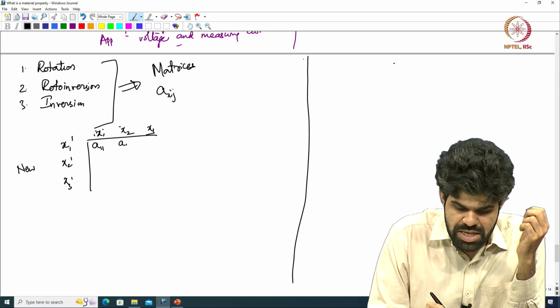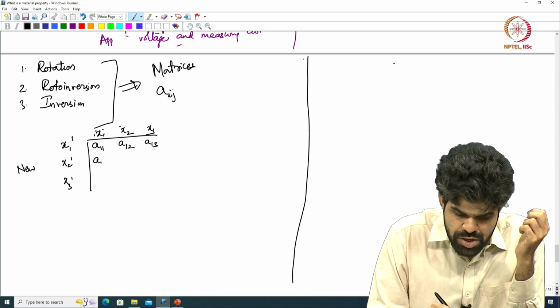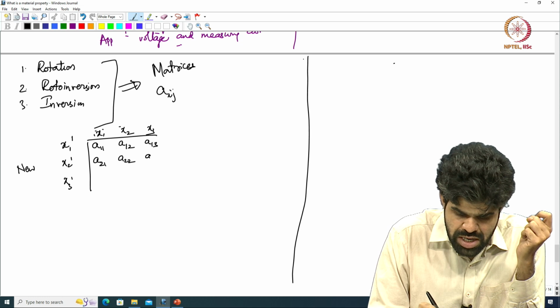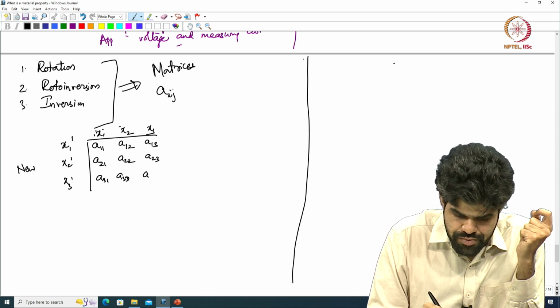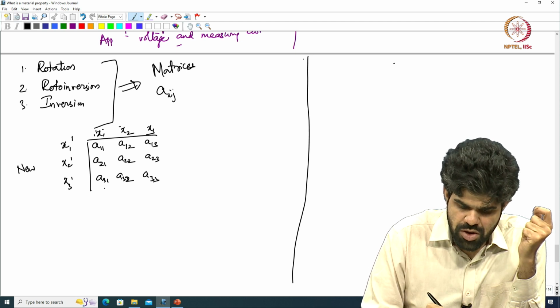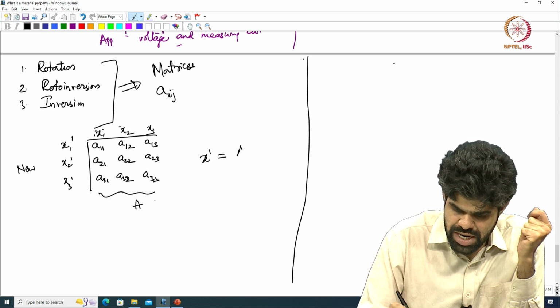This matrix is A11, A12, A13, A21, A22, A23 and A31, A32, A33. If I call this matrix A, then x dash equals A times x.